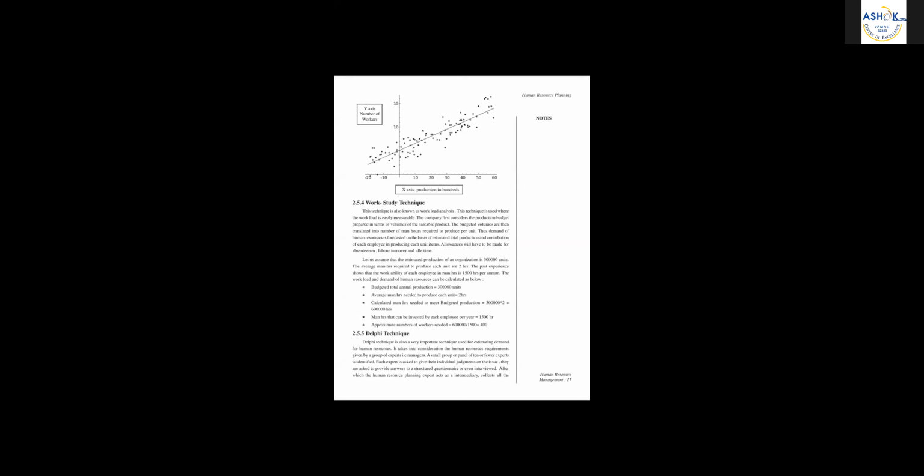Total annual production is 3 lakh units. Average man hours needed to produce each unit: 2 hours. Calculated man hours needed to meet budget production: 3 lakh times 2 equals 6,00,000 hours.